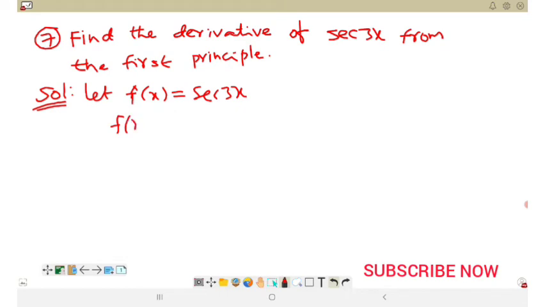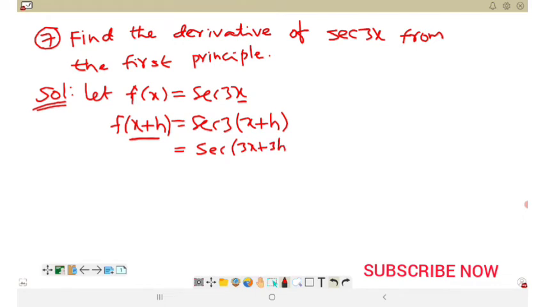Then f of x plus h is secant 3 of, substituting x equals x plus h, 3 of x plus h, so secant of 3x plus 3h.